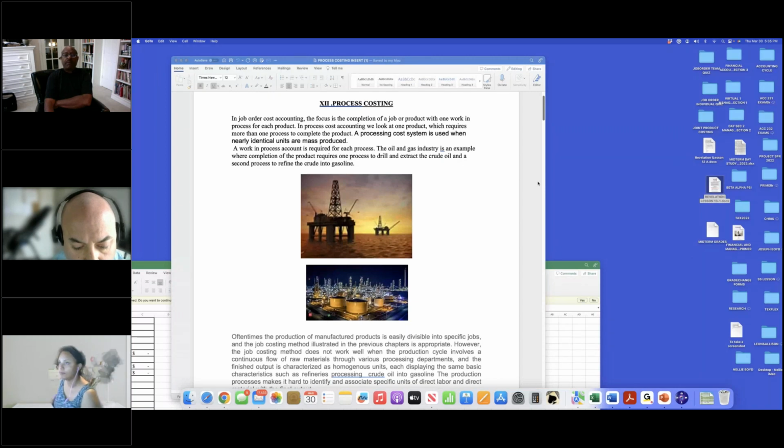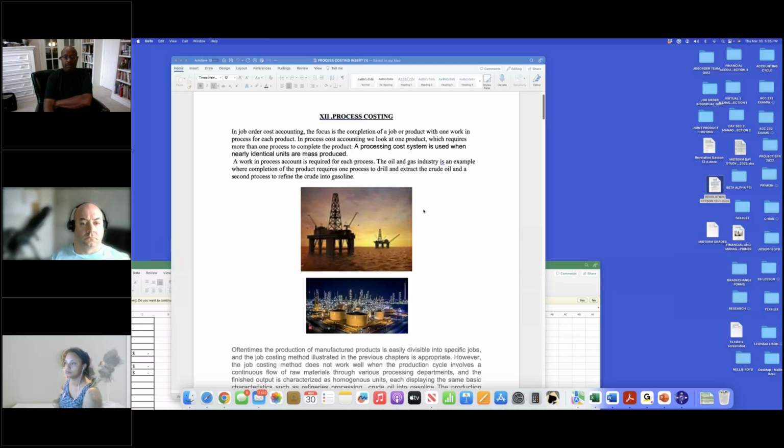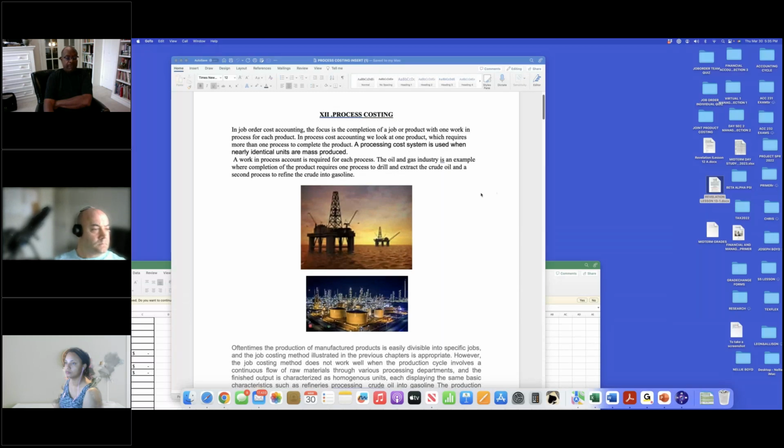Each team member does one of the sets of statements. So my goal is, hopefully things went well on the joint product costing for everybody, and there was somebody on the team who understood what was happening. So hopefully you got most of those points. That was a 20-point assignment. The process costing is another 20 points.